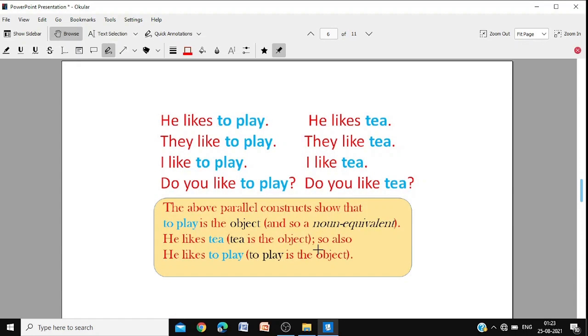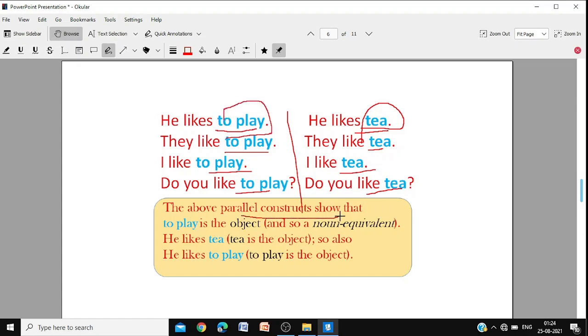He likes to play. He likes tea. Compare. They like to play. They like tea. Compare these two sentences. These are parallel constructs. I like to play. I like tea. Do you like to play? Do you like tea? So comparing these, just as tea is the object, to play is also the object.